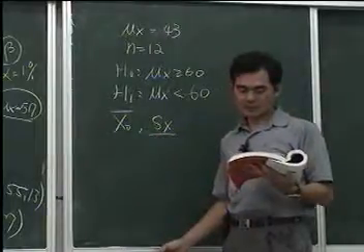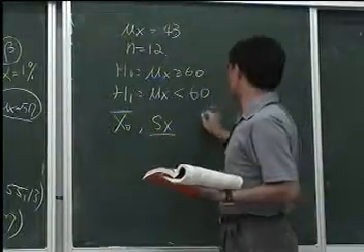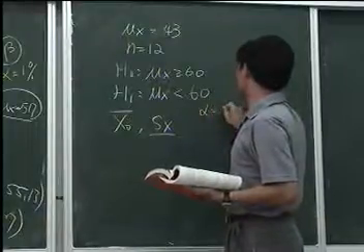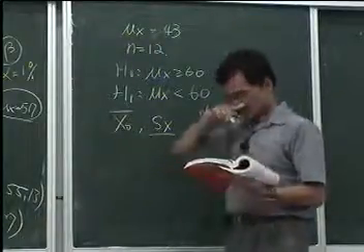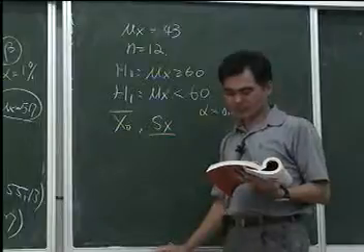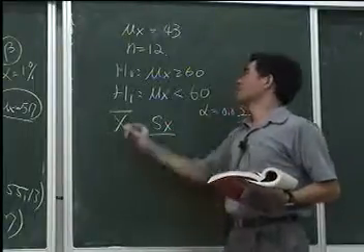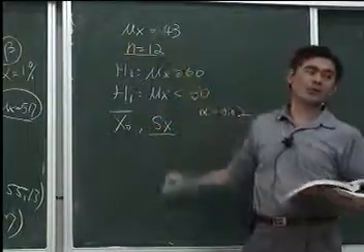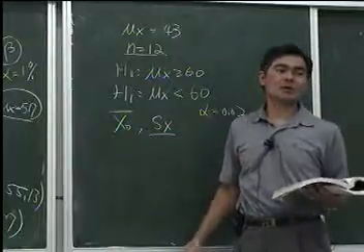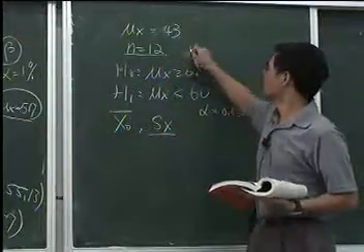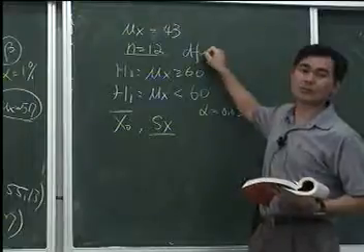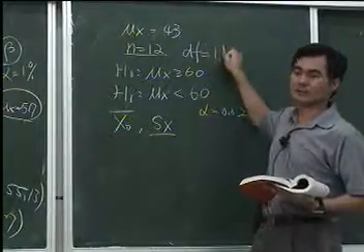The significance level alpha is equal to 0.02. You should be able to figure that out. Because there are only 12 samples, what is the degrees of freedom? The degrees of freedom is equal to 11.